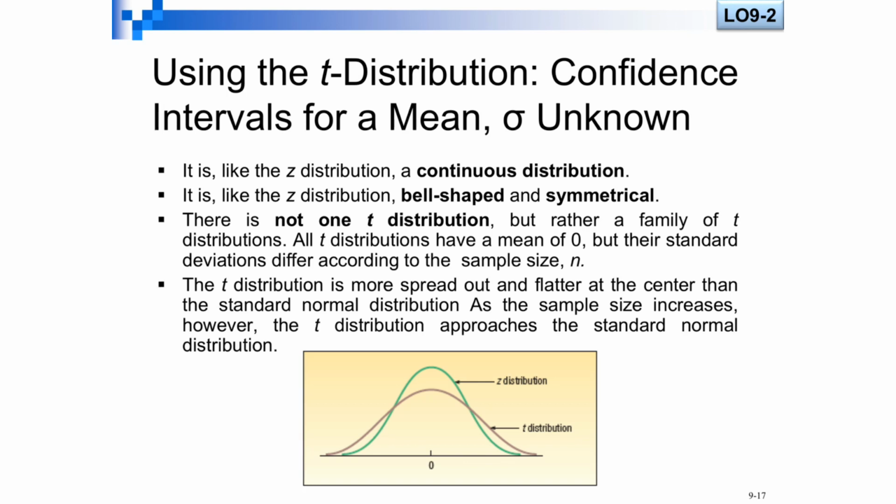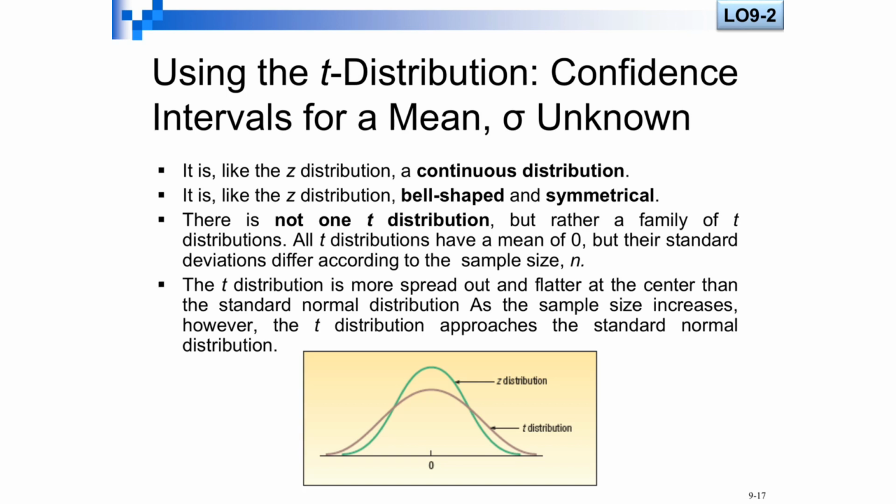Now here they compare the Z distribution and the T distribution. Both of them are bell-shaped and very similar. The T is a bit flatter compared to the Z, but it's almost the same thing, both are normal.